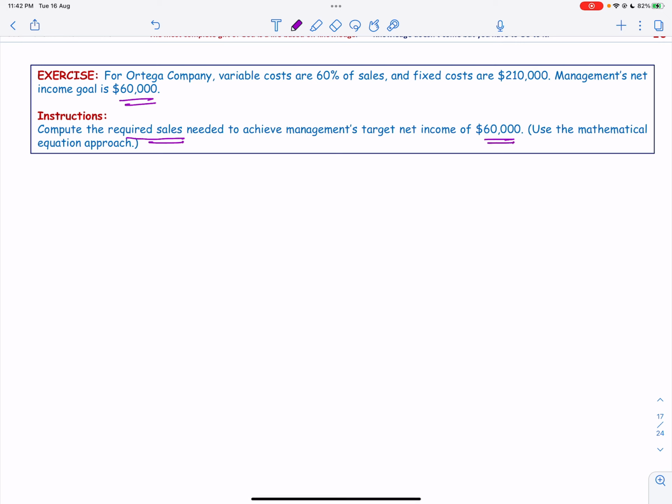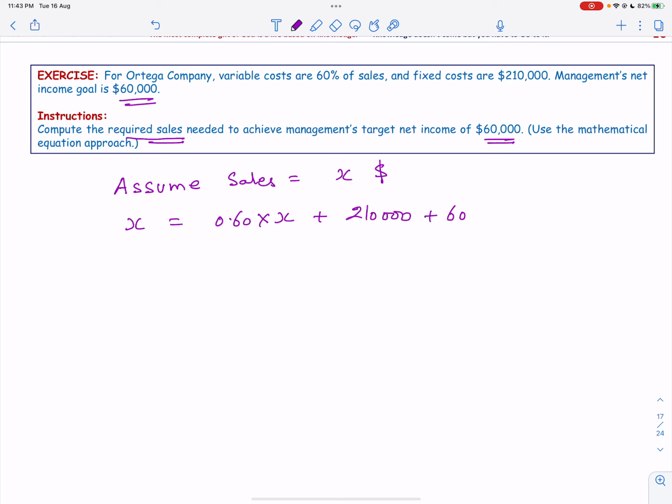So we do not know the sales in this case, so let us assume that our sales is equal to x dollars. So sales is equal to variable cost, that is 60% of sales, plus fixed cost, that is 210,000, plus the target net income, that is 60,000.